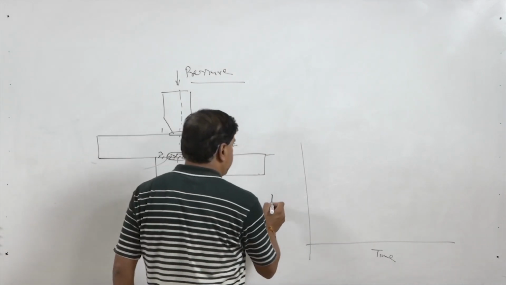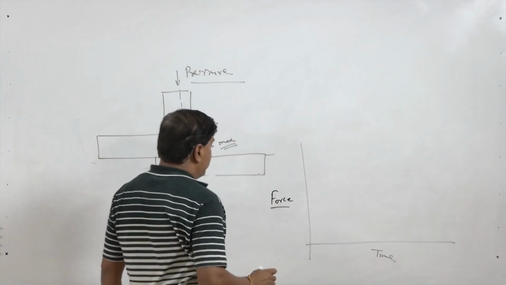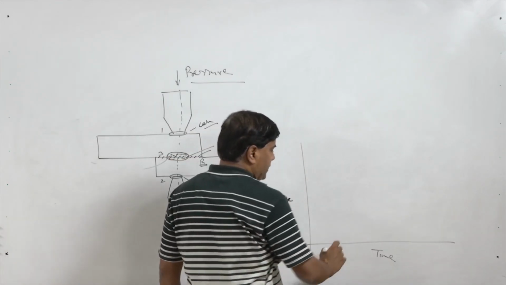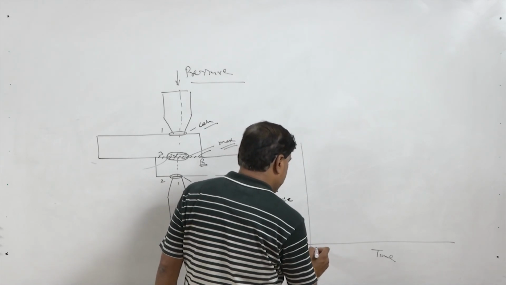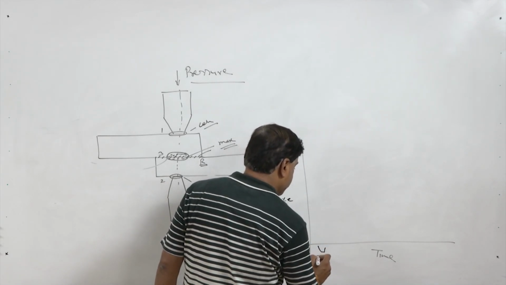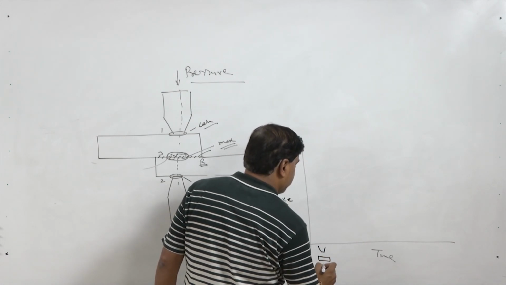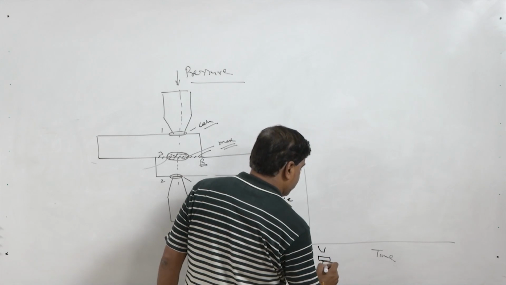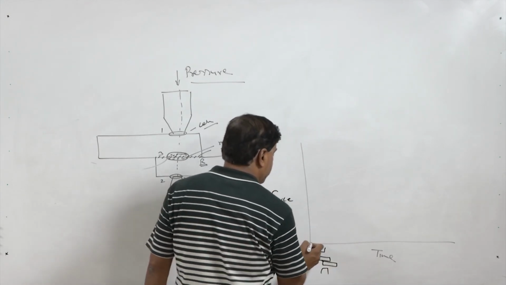Here, if it is a force applied through the electrode as a function of time, initially the electrodes are far apart from the surface of the workpiece, so the pressure is 0.